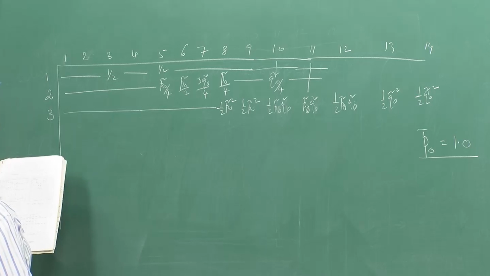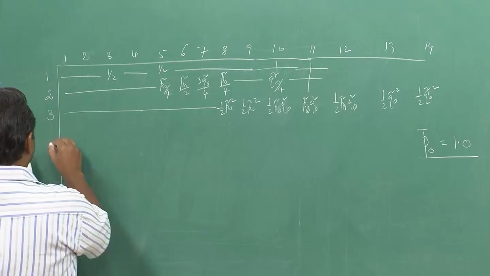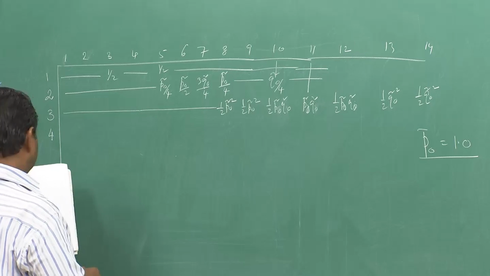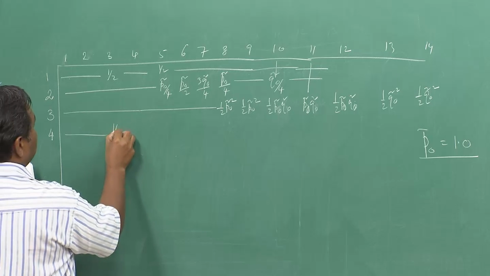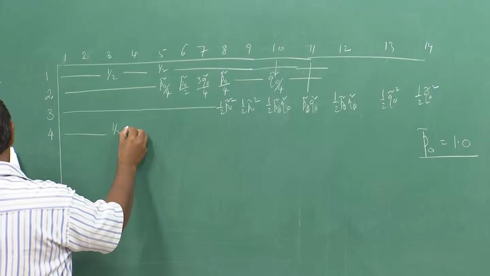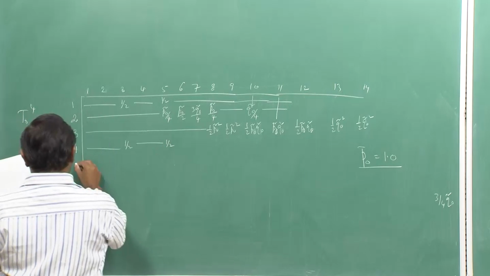So, we can actually keep on putting it. So, the fourth one will come to 3 with half probability and 5 with half probability.